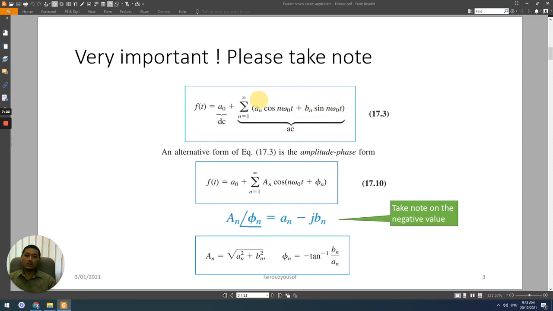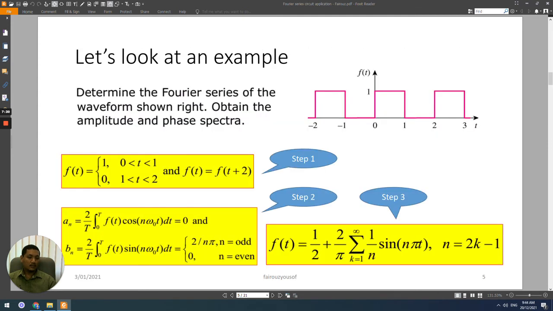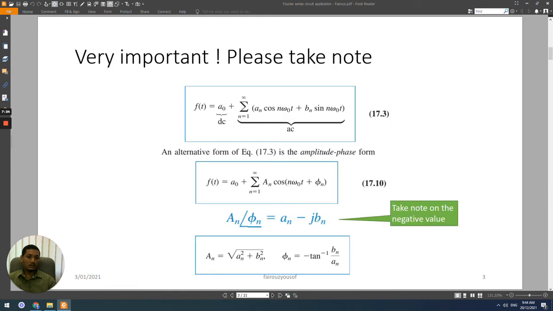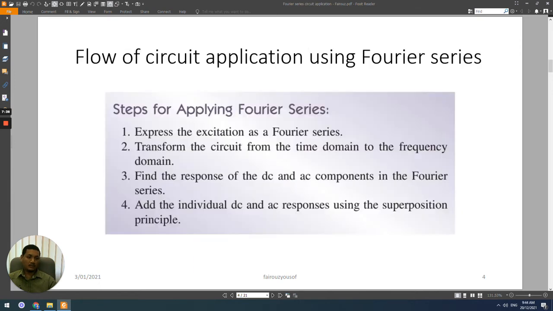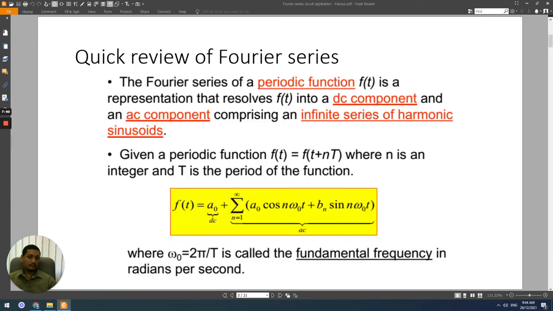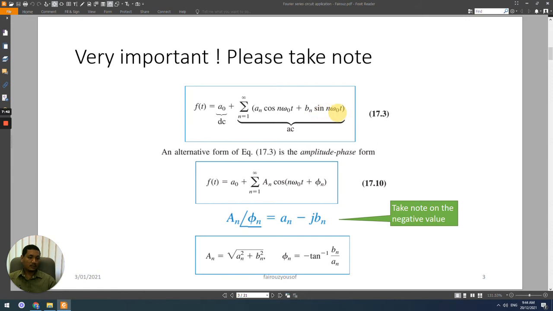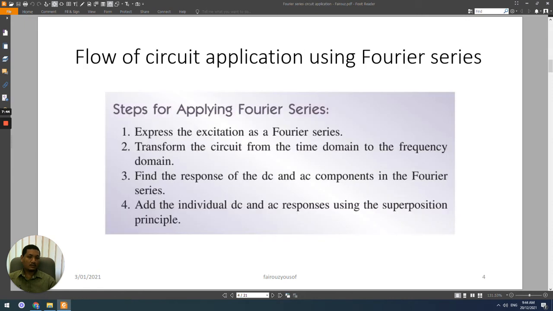So there is no cos component in this equation, so there is no a_n, only b_n sine n omega naught t.